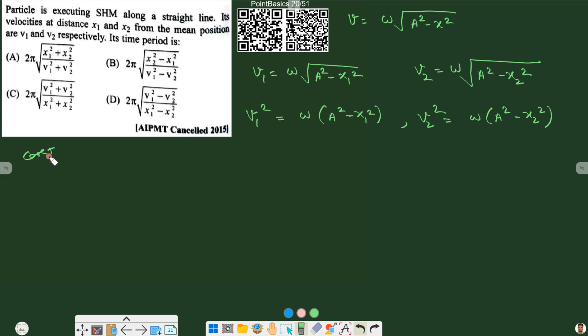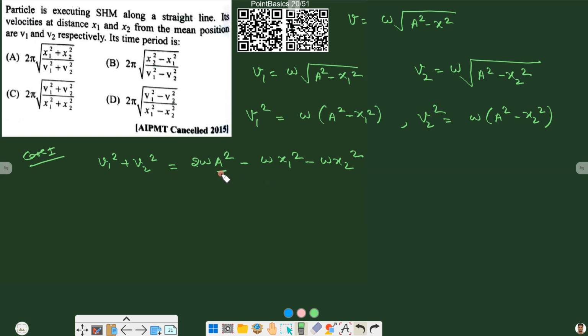Case 1: v1 square plus v2 square is equal to omega square a square plus omega square a square, so 2 omega square a square, minus omega square x1 square minus omega square x2 square.